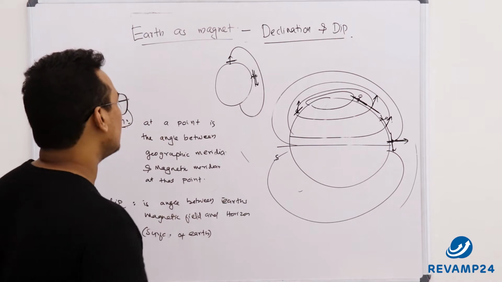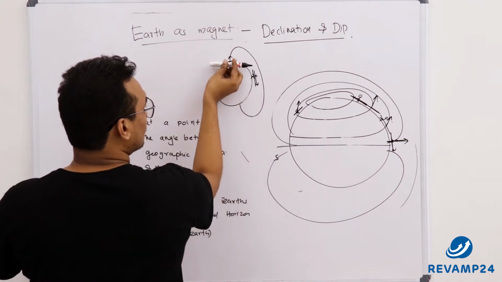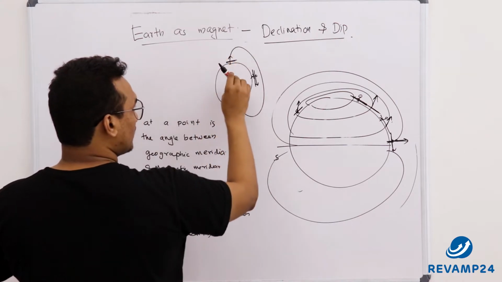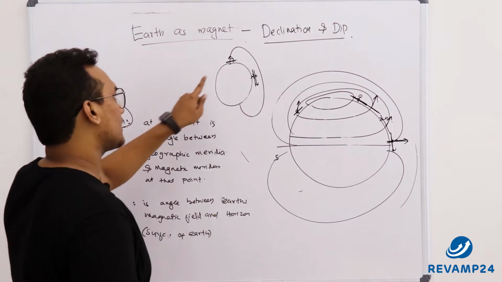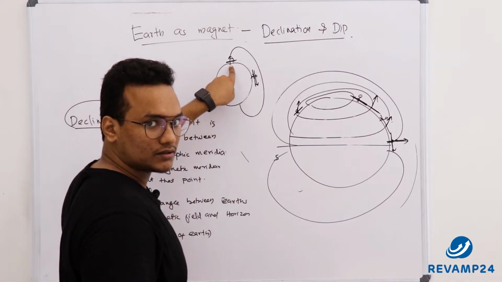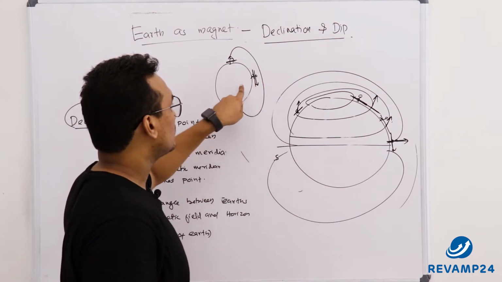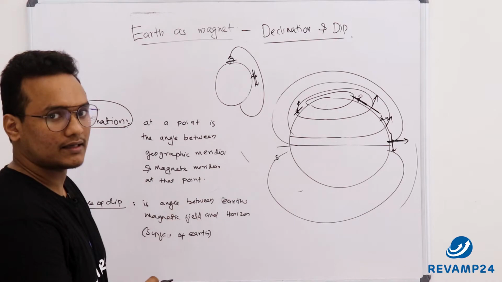Have you seen one thing here? The angle between the net direction of the magnetic field and the horizontal has decreased from 90 to 0 as we travel from magnetic north to this direction, the magnetic equator.